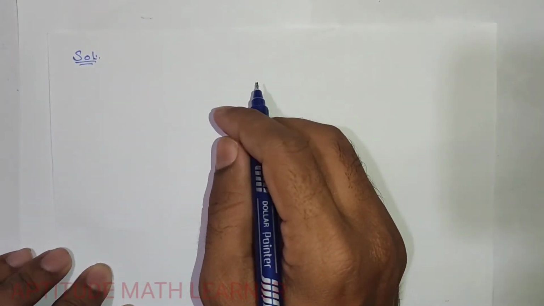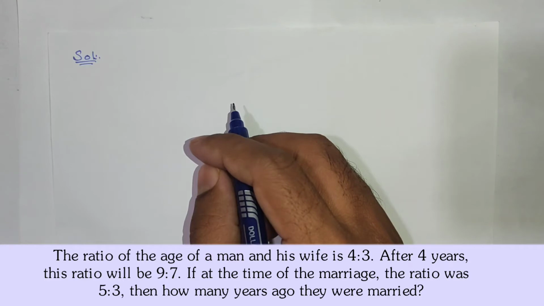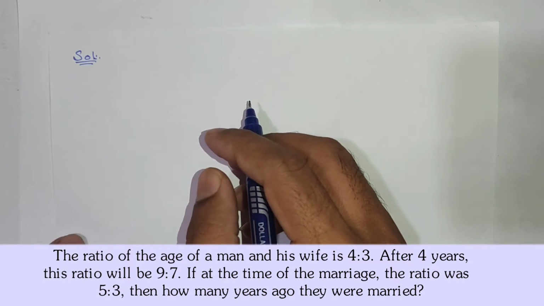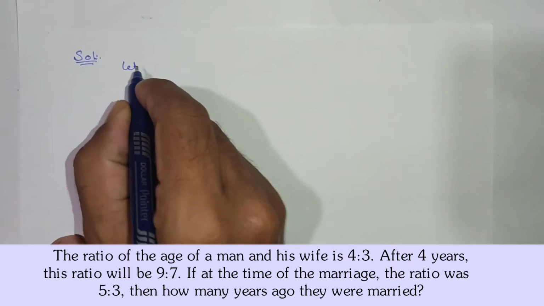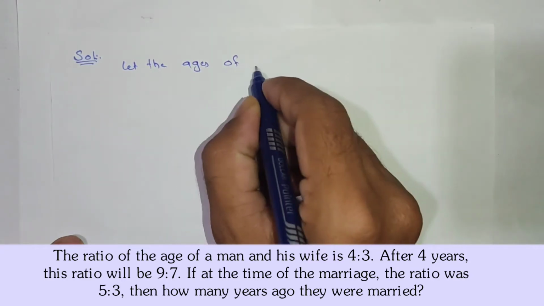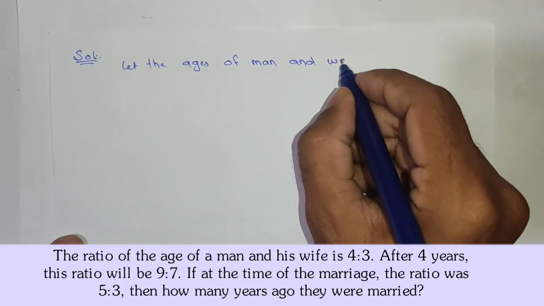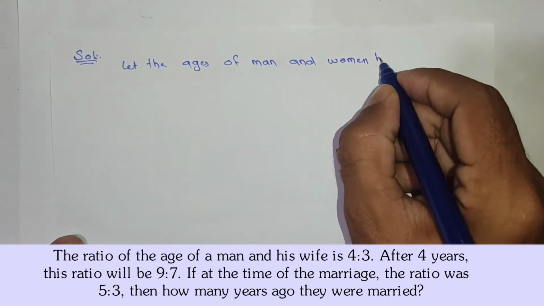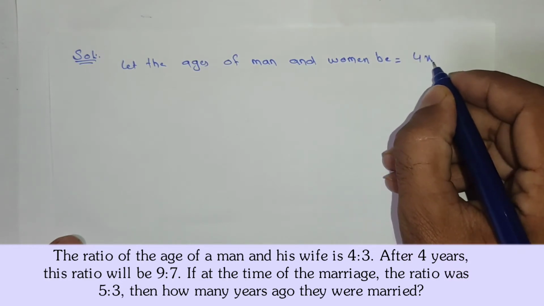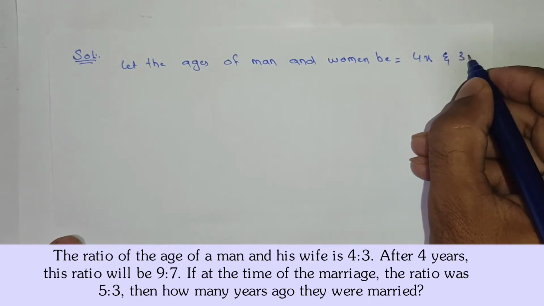First of all, we have to find the original ages, that is, the present ages of the man and woman. So let the ages of the man and woman be 4x and 3x.